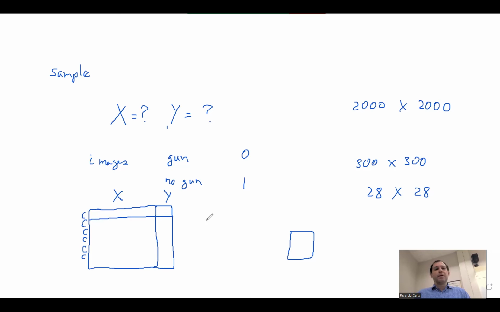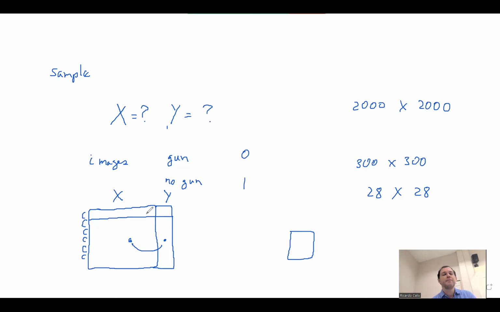That's the goal. And so we need data for training and data for testing. That means that when we provide the image, we provide whether it has a gun or not, because remember that what machine learning algorithms do is learn to correlate this to that.